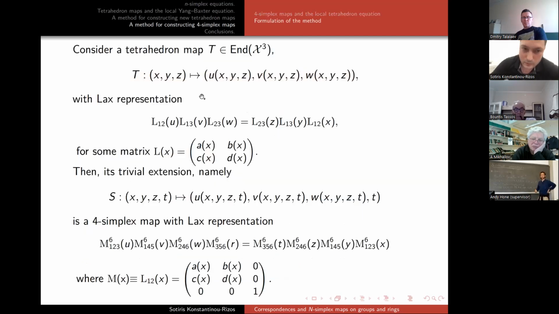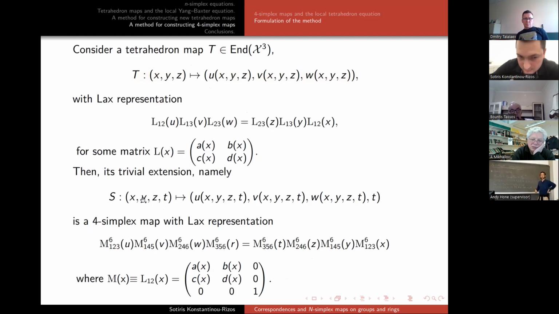Recall the following. If we have a tetrahedron map with a Lax representation, the local Yang-Baxter equation for some 2 by 2 matrix, this is usually how we generate the tetrahedron maps.